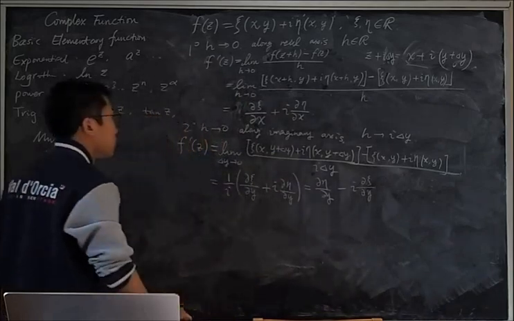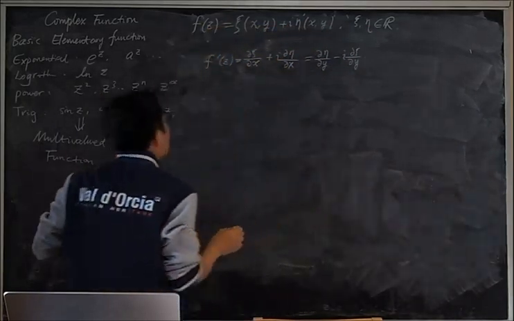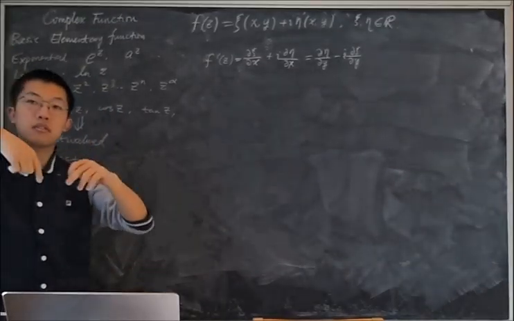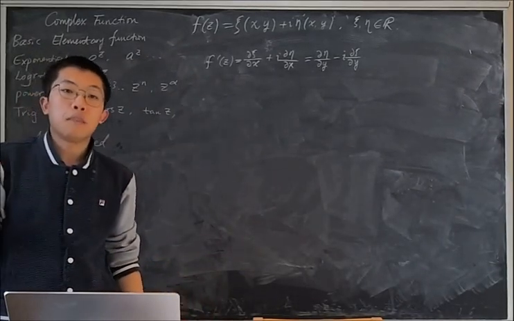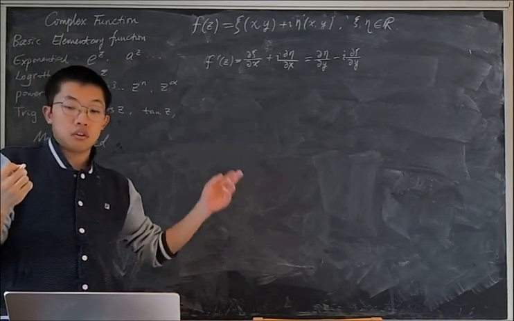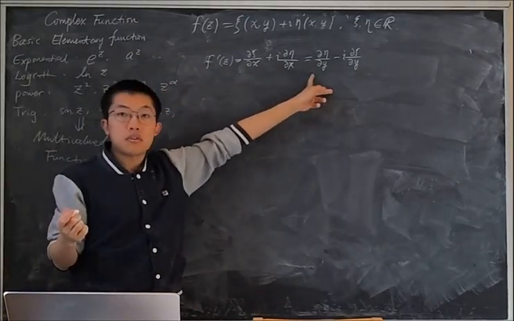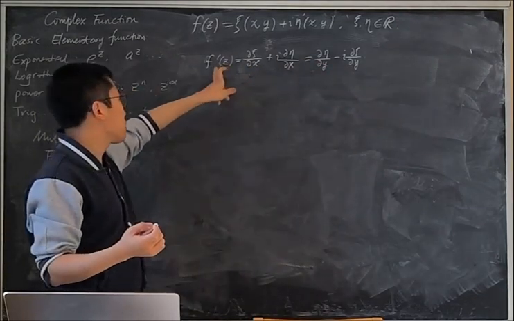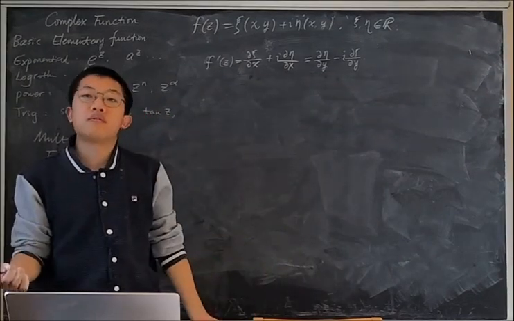Now, this is just the result of letting h approach 0 from the real and imaginary axis. There's just the two approaches of the infinite many. But, look, I already have this requirement. One result is this, the other result is this. And for the derivative to exist, these two have to be the same. What can we conclude?